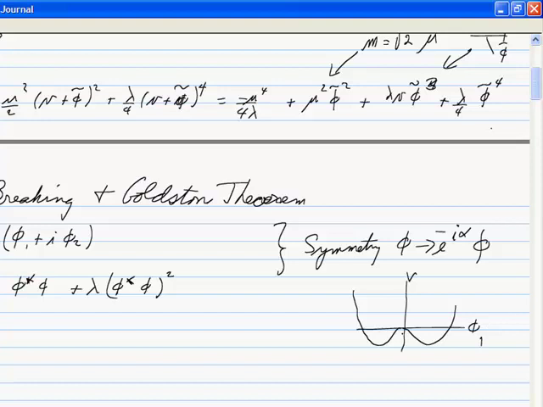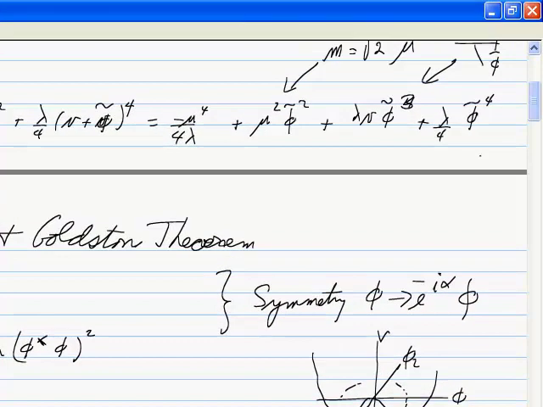So for one it's phi 1, and in the other direction I'll try drawing this is phi 2. Then this picture, which is hard to draw in 3D, at least for me, is symmetric around that. This is the typical Mexican hat or bottom of the wine bottle type of potential. It has a maximum there and a minimum with a circular symmetry all around it. That circular symmetry is this phase, because this phase rotates phi 1 into phi 2.